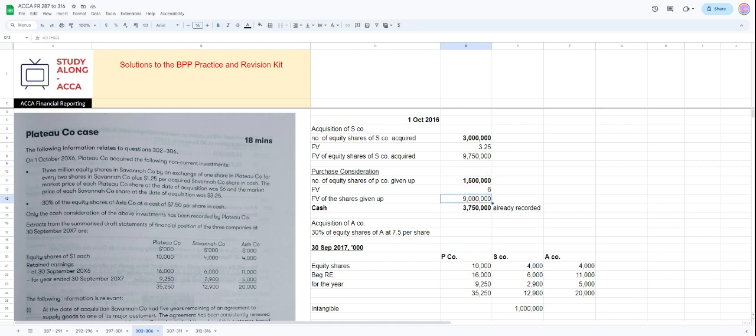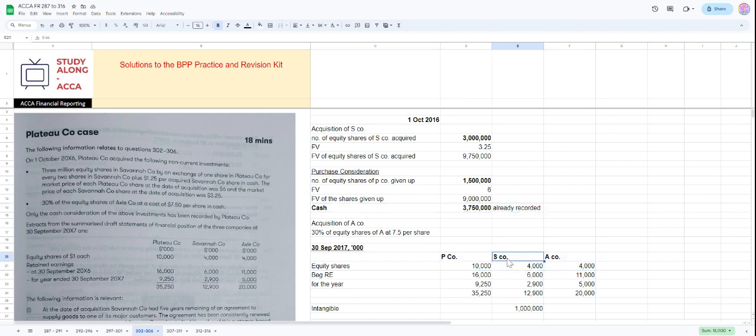Then there is another acquisition, which is 30% of equity shares of A company at $7.5 per share. Only the cash consideration of the above investments has been recorded. So they have recorded this cash consideration already in their books, and extracts from the summarized draft statements of financial position of all these three companies.